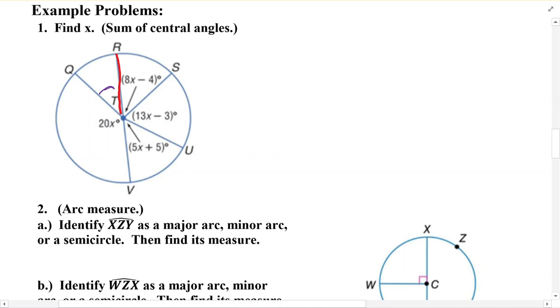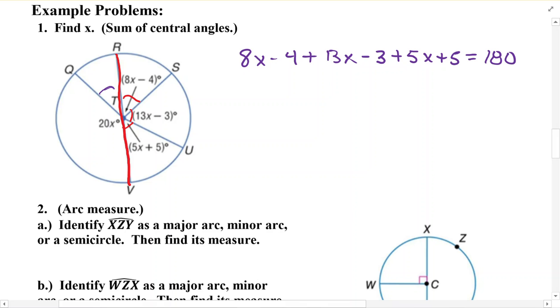RV is a diameter. So these three angles here have to add up to be 180. So I would do 8x minus 4 plus 13x minus 3 plus 5x plus 5 equals a semicircle, which is 180 degrees.